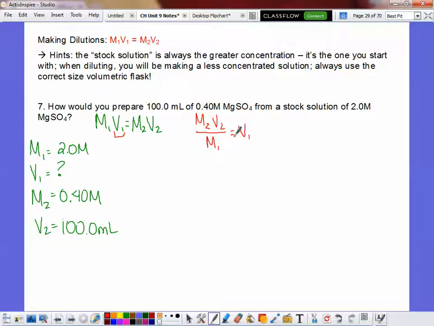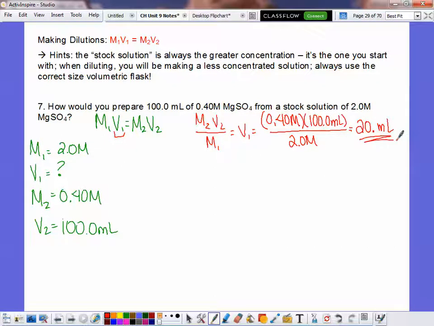Now plug in what we have. M2 is 0.40 molar. V2 is 100 milliliters. M1 is 2.0 molar. Go ahead and do that math. And what do you get as V1? 20? 20 milliliters, right? So that's how much of the 2 molar solution I need to measure out.